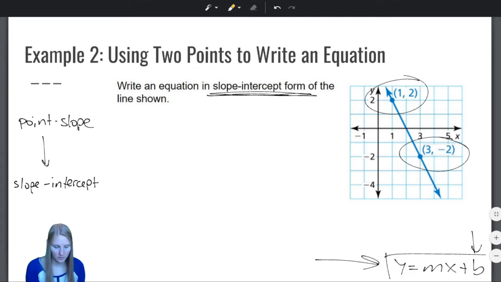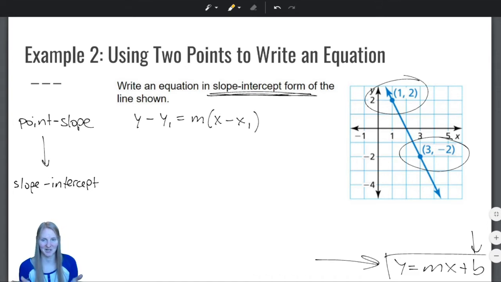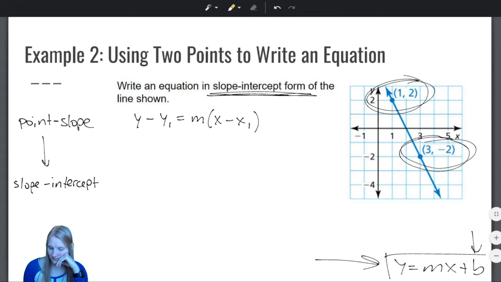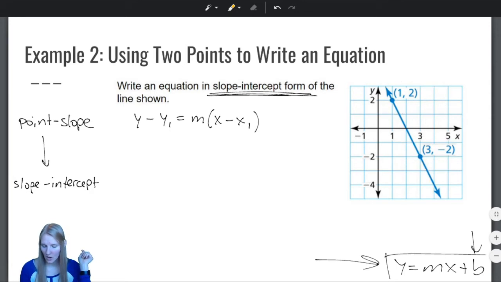Okay, so remember that point slope form is y minus y1 equals m times x minus x1. So I have 2 points. I need to find the slope. So you know what to do.